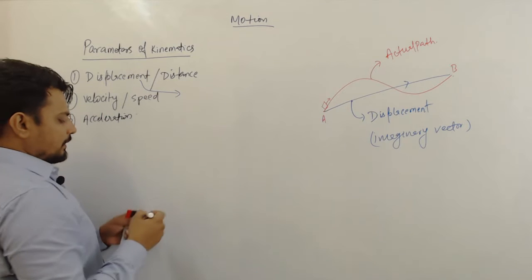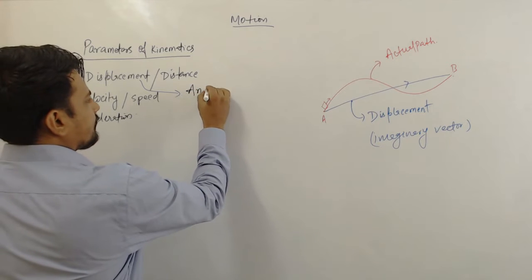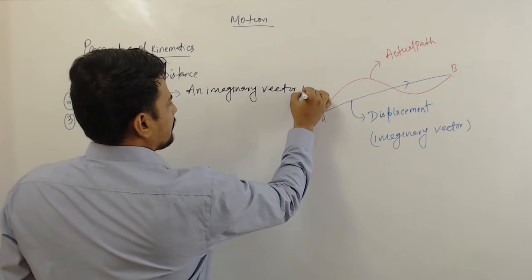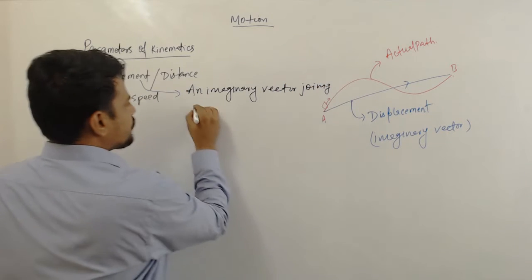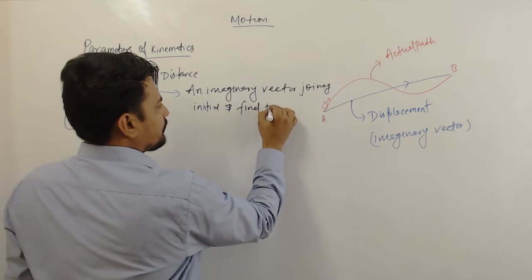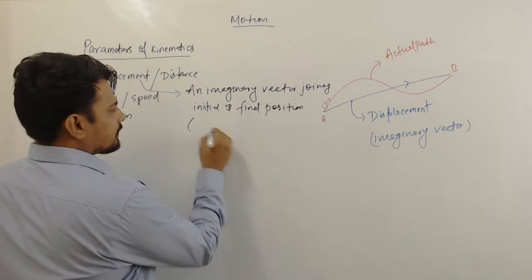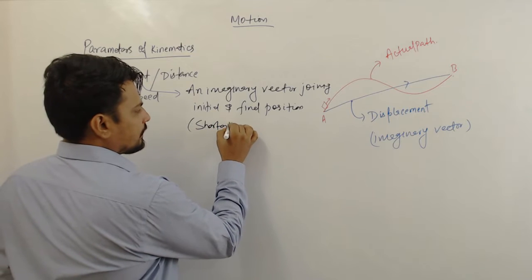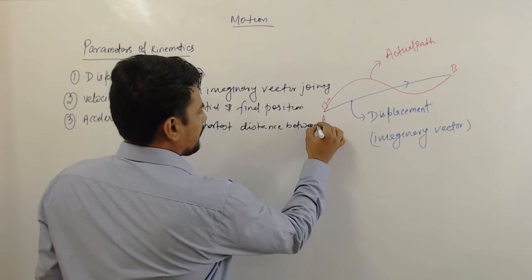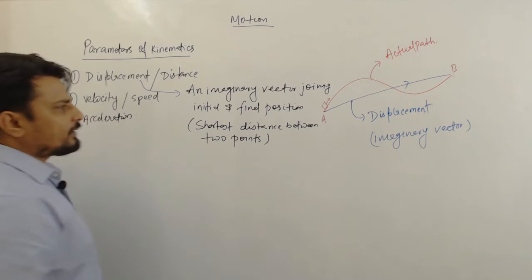So, displacement is defined as an imaginary vector joining the initial and the final position. As simple as that. और इसको सरल भाषा में बोल सकते हैं shortest distance between the 2 points. चलो ठीक है, समझ लिया.